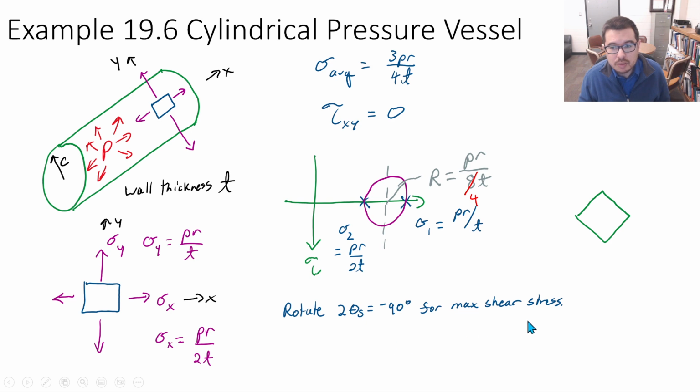That corresponds to an element rotating 45 degrees. x prime was this direction, and now is rotated 45 degrees downward. y prime is now this direction. And when we get to this state of max shear stress, we have the average normal stresses being the same.